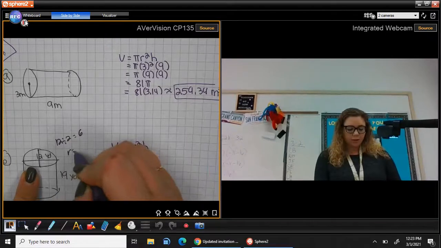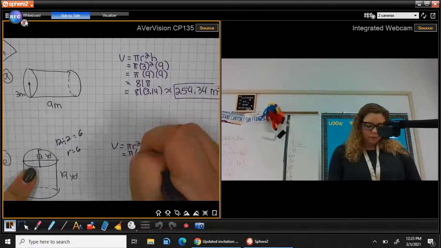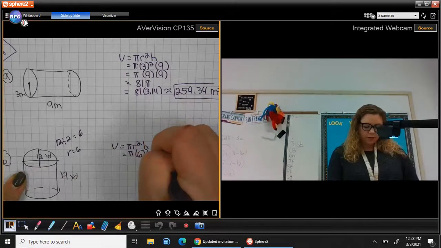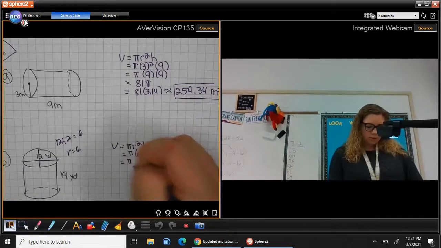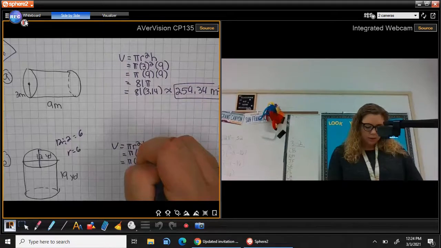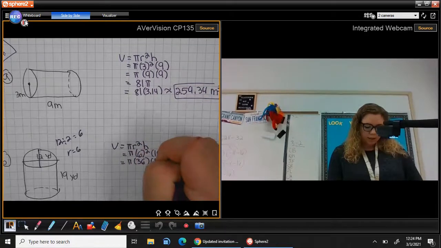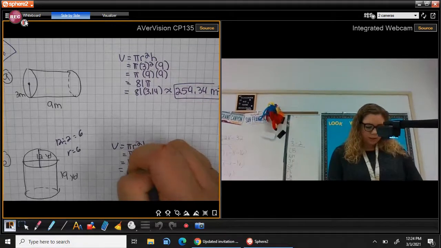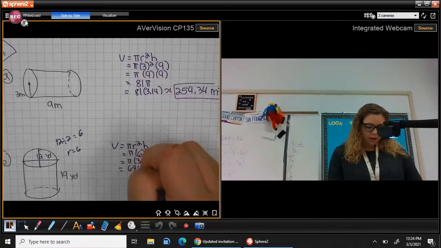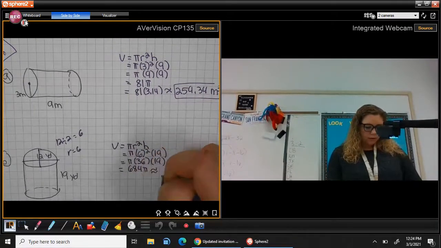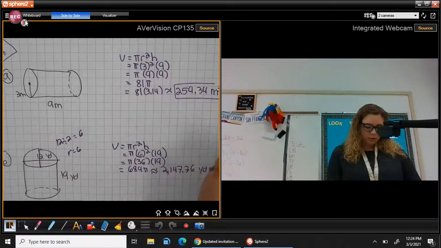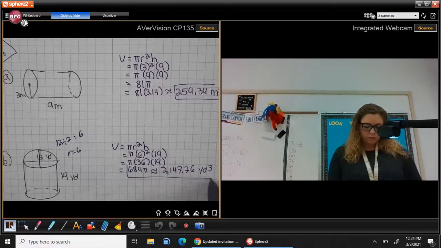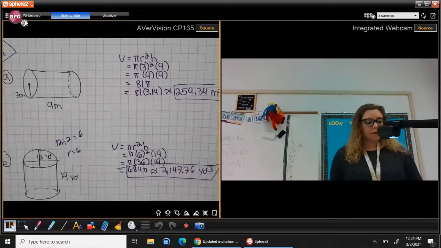So my radius equals 6, times my height, which is 19. 6 squared is 36 times 19. 19 times 36 is 684 pi, which is about 2,147.76 yards cubed. Okay, and that is my answer.